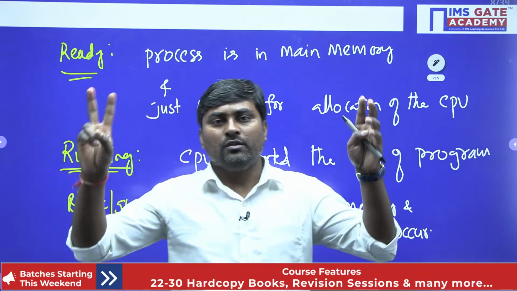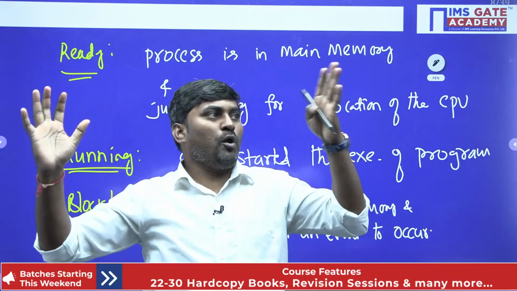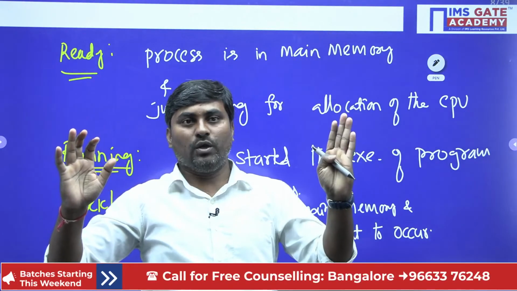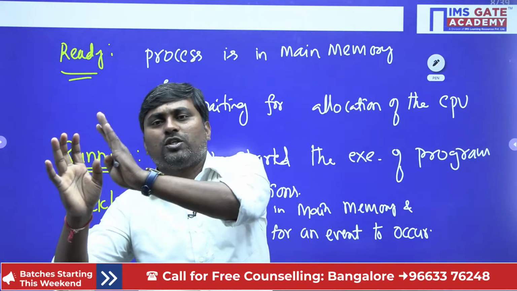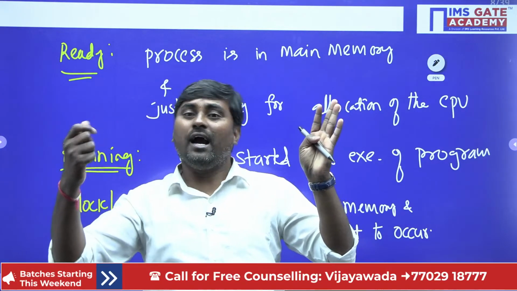Otherwise, understand there are two processes available, A and B, communicating with each other. Process A is sending data to process B while executing in the CPU state. Now process B has to receive the data and respond.